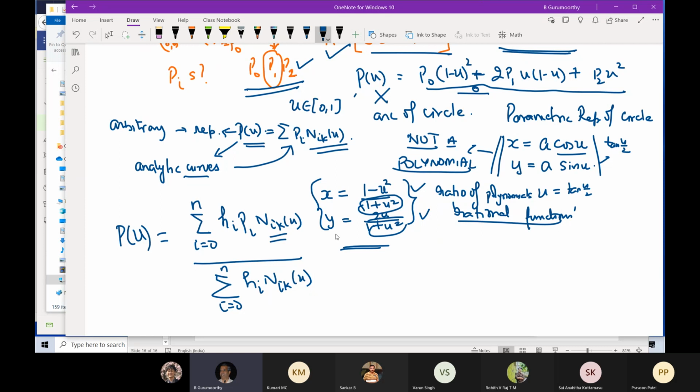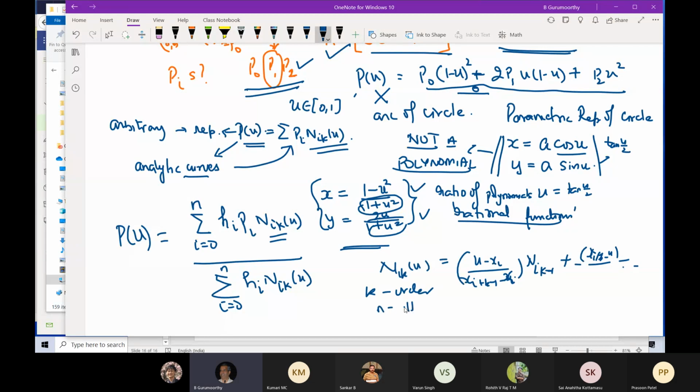No change there. It is defined the same way. N_i,k of u is defined with just the same expression, (u minus x_i) by (x_i plus k minus 1 minus x_i) times N_i,k minus 1, plus the same expressions, (x_i plus k minus u) and so forth. No change. K is still the order, n is still the number of control points minus 1, and so forth. So nothing has changed except for the addition of this new set of parameters h_i, one for each control point.